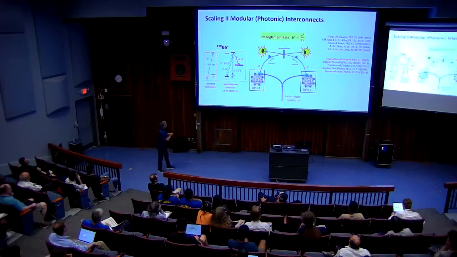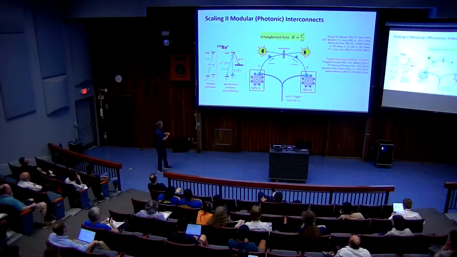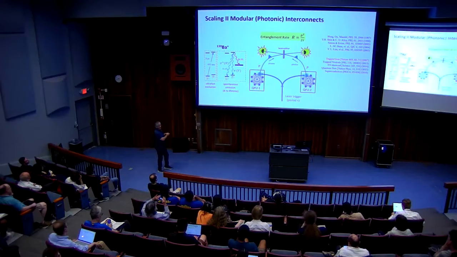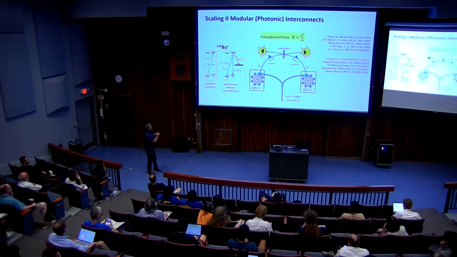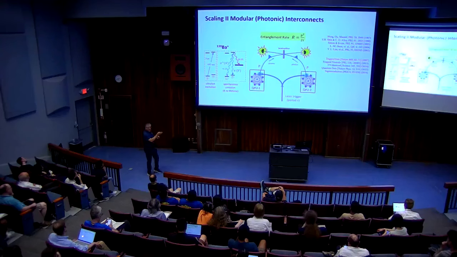So how do we map an ion qubit to a photon? Well, it's fairly easy in some systems if you're willing for it to be lossy. So let me explain. If we have a qubit, spin down and spin up, very stable, and we excite with, say, a fast pulse, it's going to come back down to either that state or that state. In fact, we can make this 50-50.